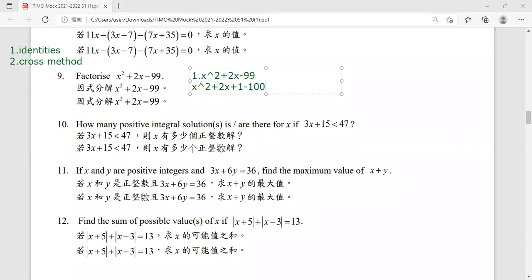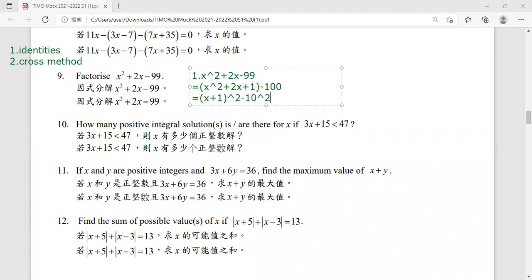Now, why am I doing this? Because I know that this in the bracket will be a whole square, for you are familiar with identities. This is x plus 1 the whole thing squared. And then minus the square of 10.